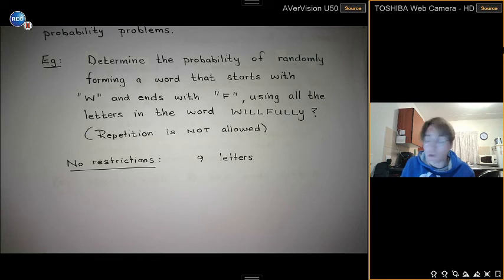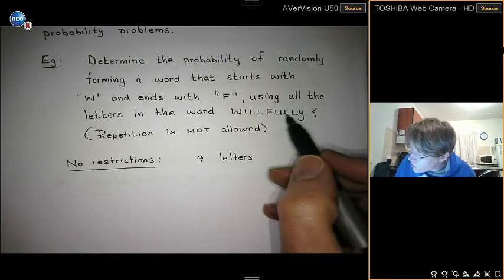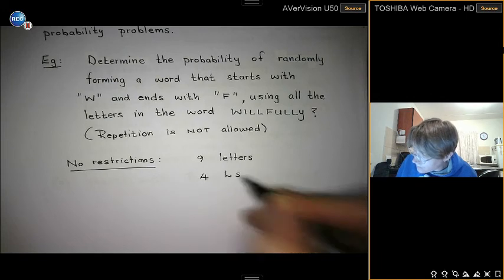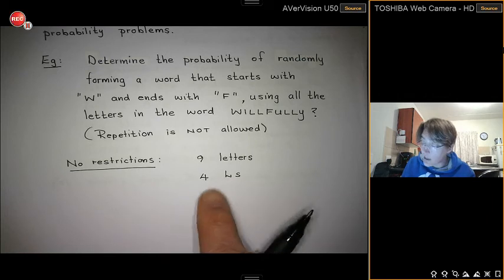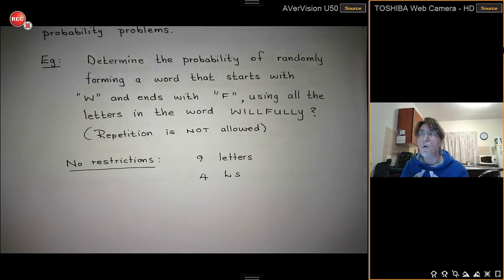It just has to do that in this particular word, I have 1, 2, 3, 4 L's. And those L's look identical. So they are identical elements, so moving them around doesn't necessarily give you any more variations.